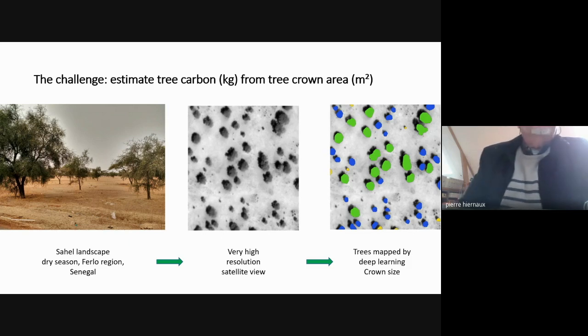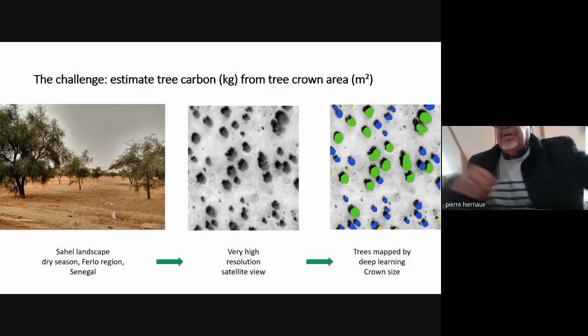And on the right-hand side, you have the map of the individual trees with the canopy again. The colors are just the classes of size. But we know for each individual tree its position, latitude and longitude, with precision, and the area of the crown in square meters.